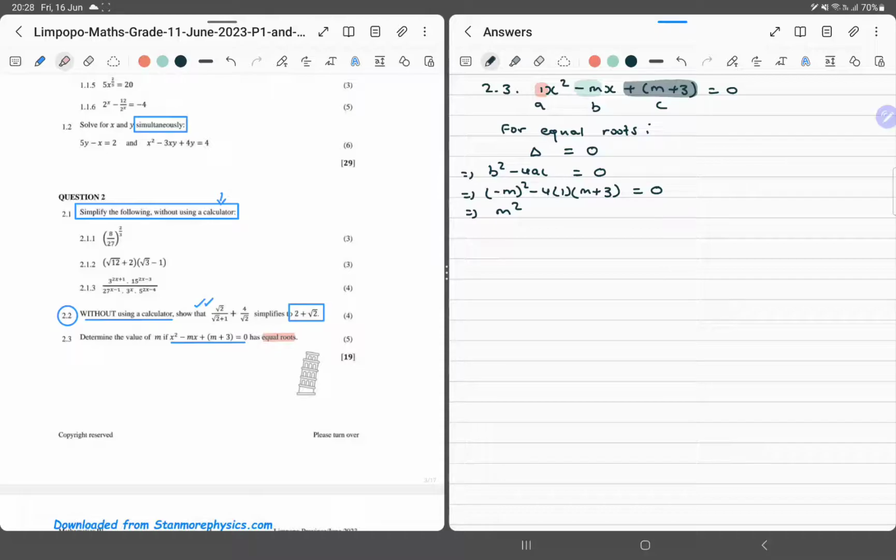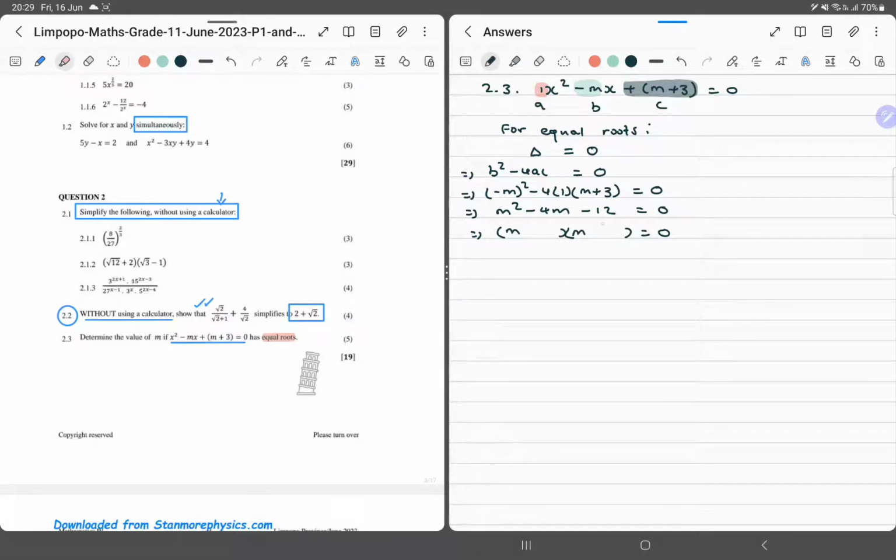This is m squared minus 4m minus 12 equal to 0. This implies we can factorize. This is going to be m.